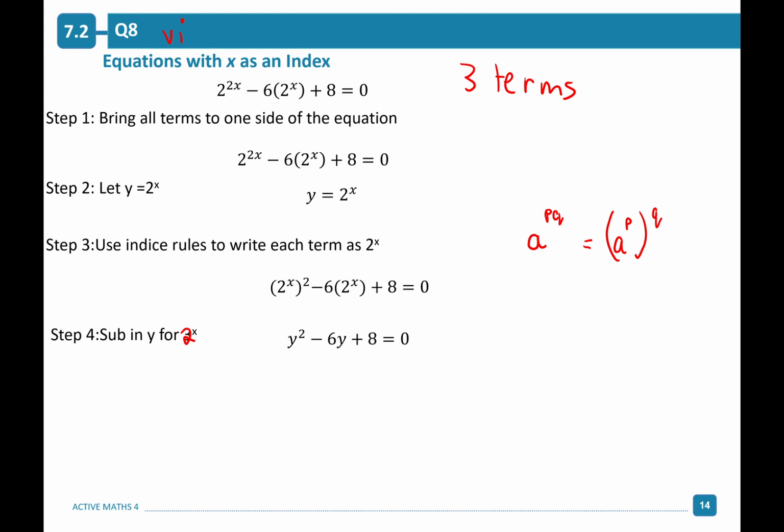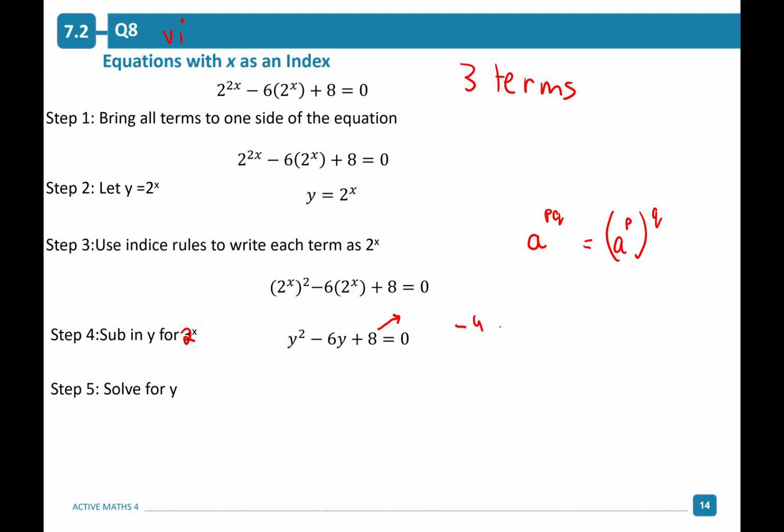This gives me y squared minus 6y plus 8 equals 0. We have a quadratic expression. Once we have our quadratic expression, we can solve by factorizing our quadratic. So factorizing this, we want to find the factors of 8 that add to make minus 6.